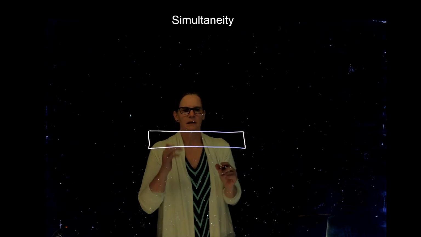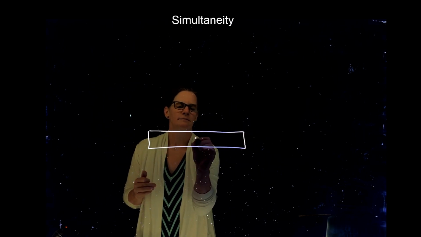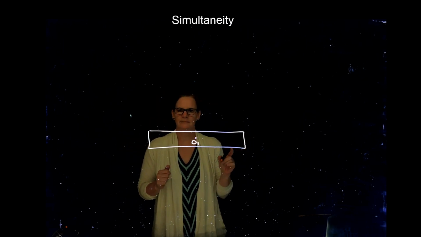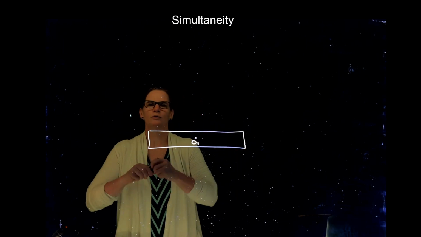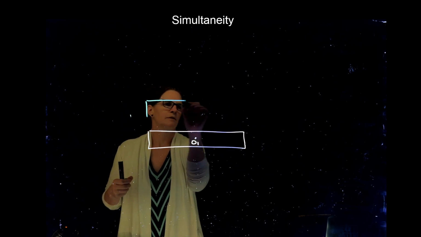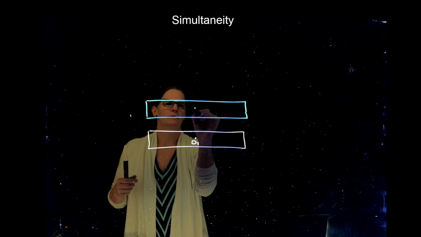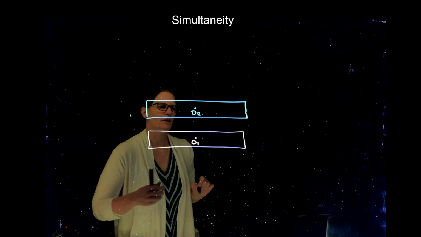So observer 1 is here on this high-speed super rocket, and observer 2 is here on this high-speed super rocket.